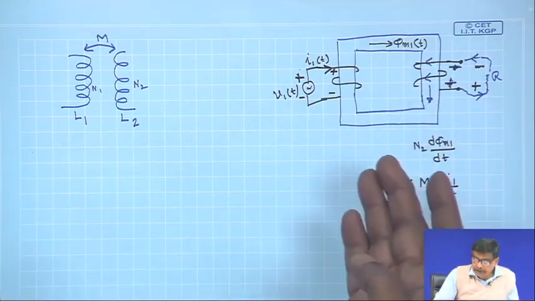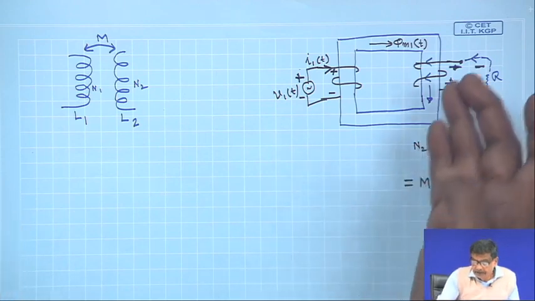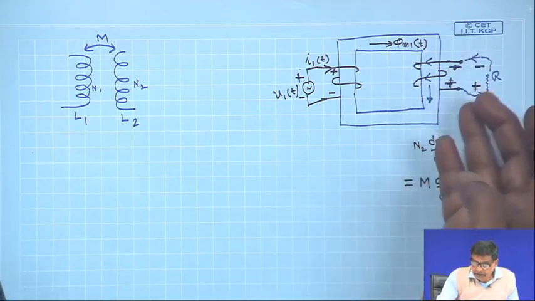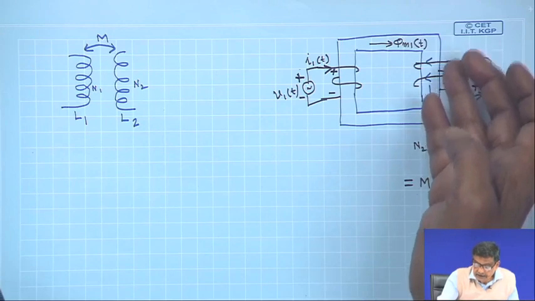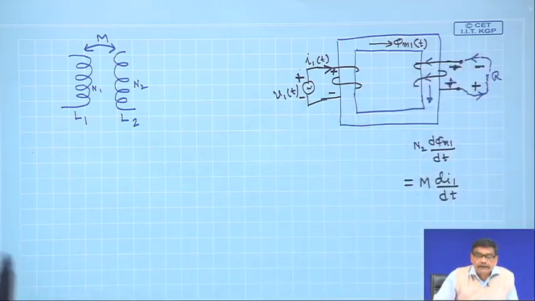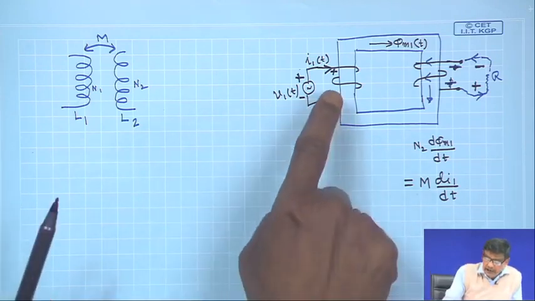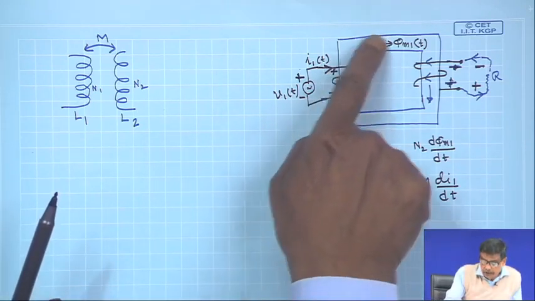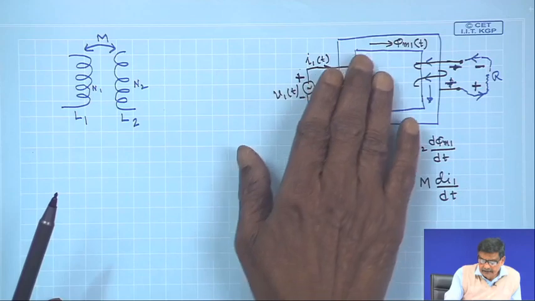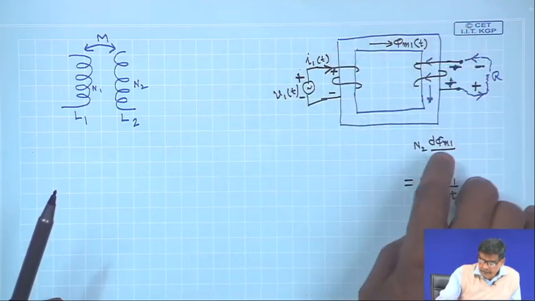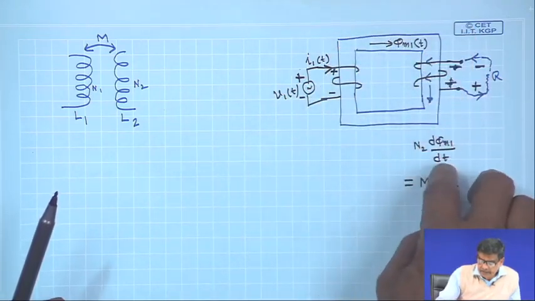So, the cause for which voltage is induced in the second coil is now strengthened. Why? Because I have assumed that phi m 1 is positive, flowing like this, and it is increasing with time. That is why it is d phi m dt.